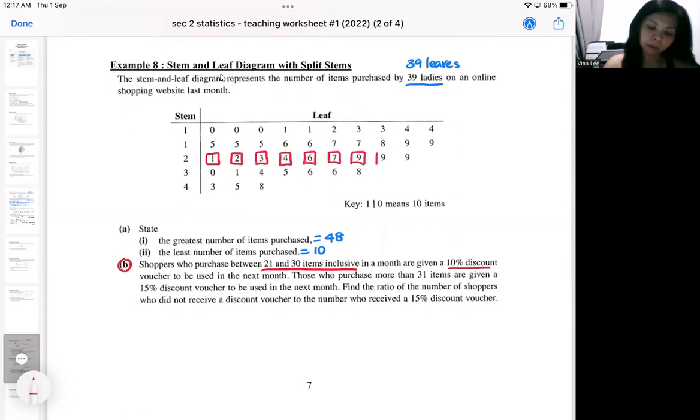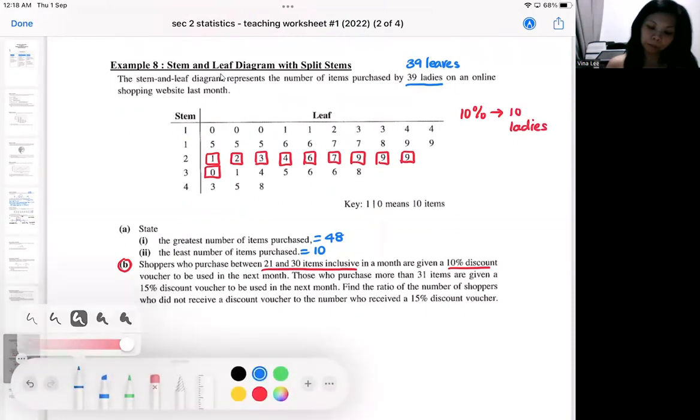All these are the ones with the 10% voucher and 30 is included. How many? You can count. There are 10 of them. So there are 10 ladies who get the 10% voucher.